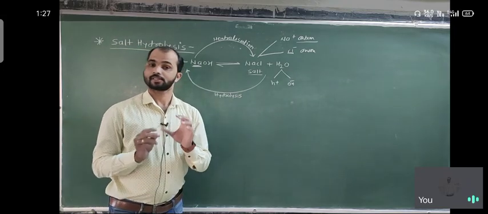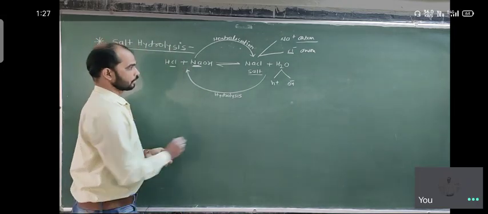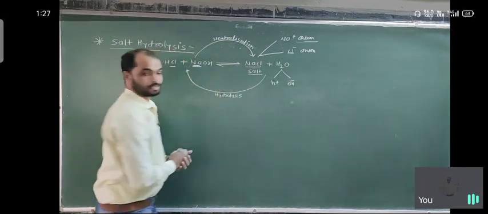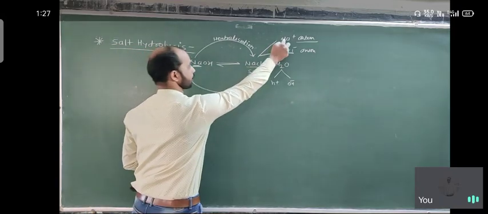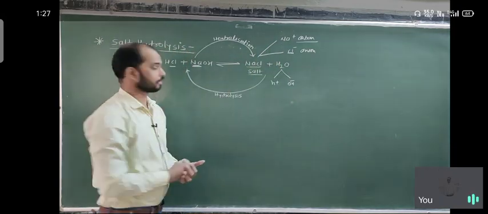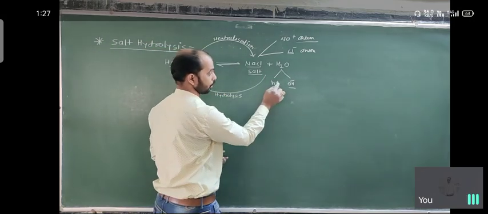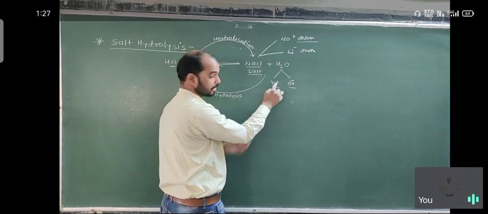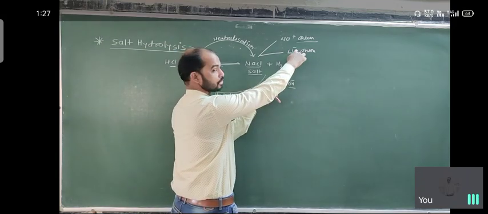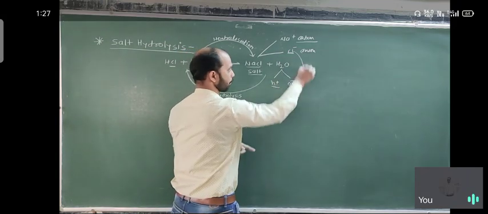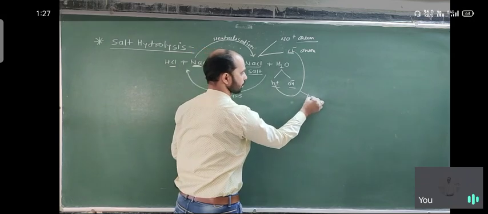This is called salt hydrolysis. NaCl is the salt which has Na plus as the cation and Cl minus as the anion. Water itself has H plus and OH minus. The H plus, the cation of water, and the anion of the salt combine together and give HCl.